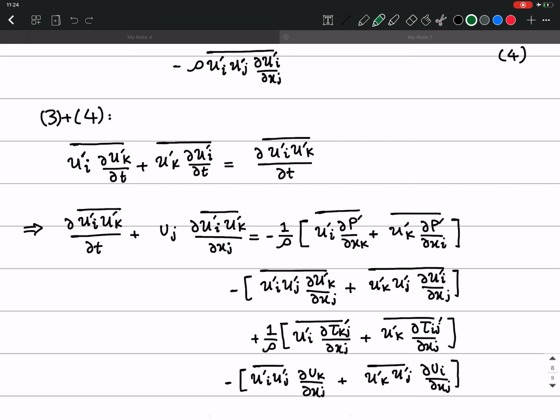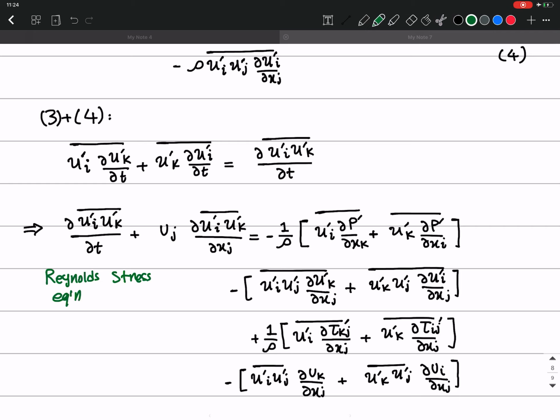So we can actually solve this equation in order to find all these unknowns that we had. So we have to solve all these equations, okay? So on the right hand side, okay? So this is actually called the Reynolds stress equation.